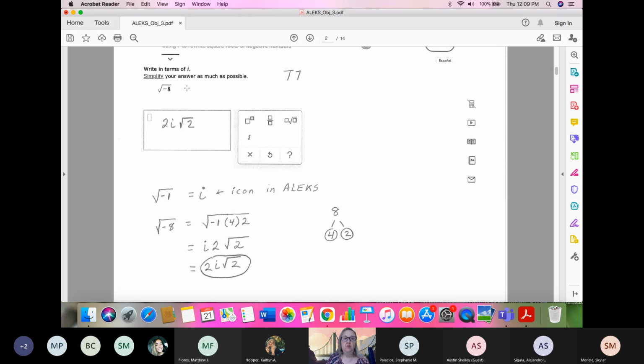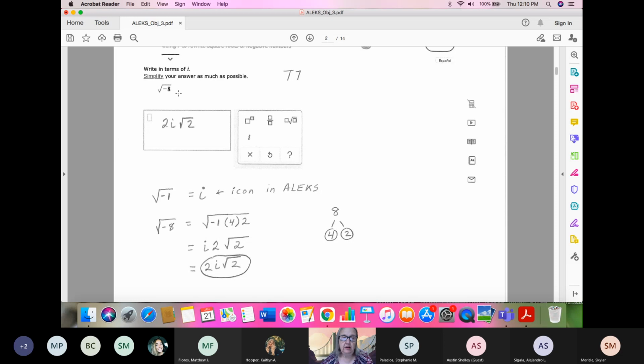And so what we want to do is write this square root in terms of i. That's the direction: simplify your answer as much as possible. So it's important to understand what the directions give you so you do not forget to do something. It's important to read those directions and not just assume that you know what they're asking for.